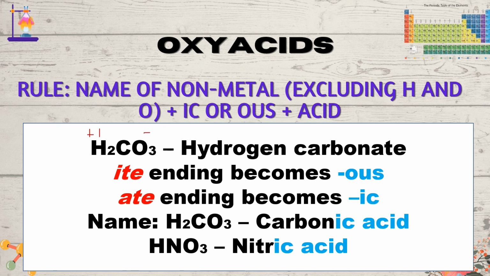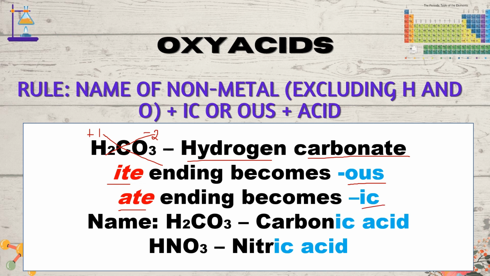CO3 is negative 2. So, cross their oxidation number. So, you have your correct chemical formula, H2CO3. So, how do you name hydrogen carbonate? It is a polyatomic ion, CO3 negative 2. So, the ITE ending becomes the OUS and the ATE ending becomes the IC.